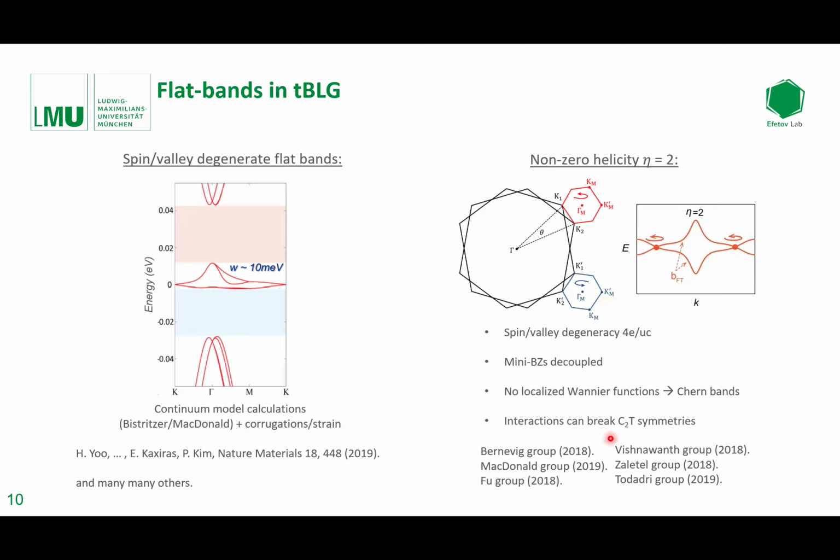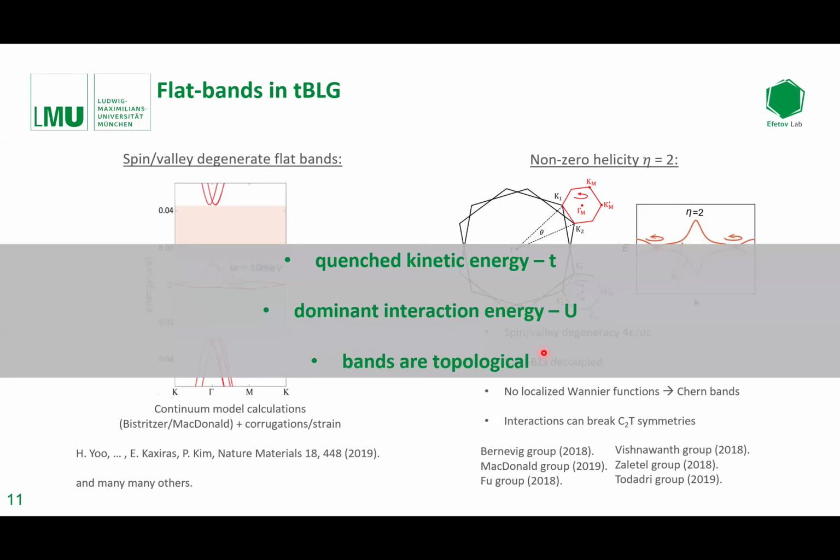Okay, so this really ingrains this topological property of these bands, where these bands are inherently topological in nature. And so therefore, we now have a model system which has all of those ingredients ingrained into it. So first, it has a quenched kinetic energy because the bands are ultra flat and the Fermi velocity is very small.